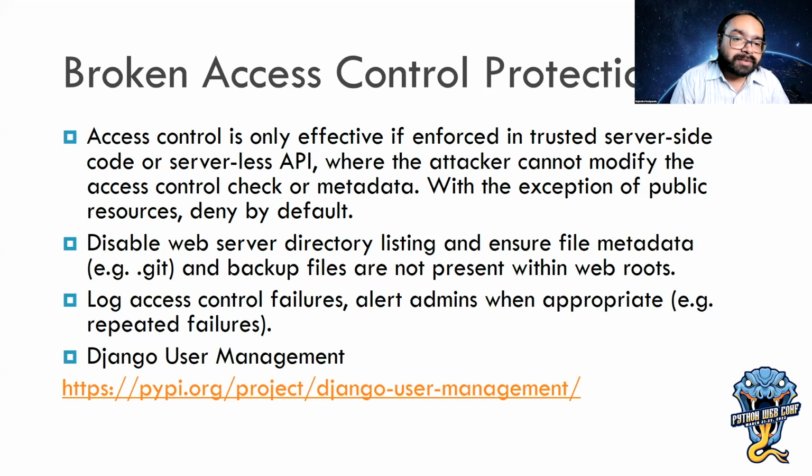So many times web server directories are visible. Okay. And ensure that file metadata and backup files are not present within the web routes. Then log access control failures, and alert admins when appropriate. Then use Django user management. So when you use user management, you can assign different roles and you can define the access control, that is, who has access to what.